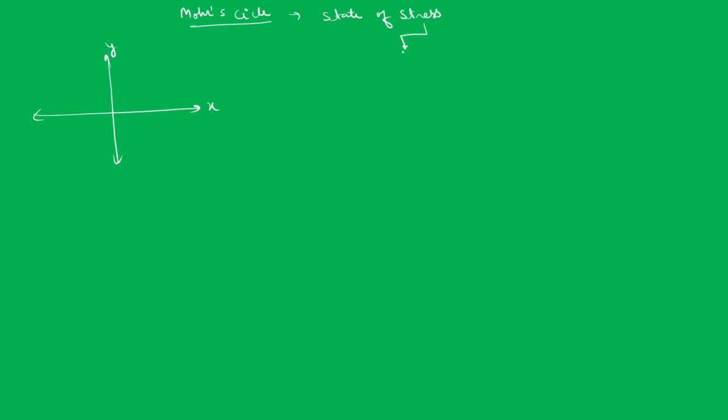We have two types of stress, that is sigma and another is tau. This is the normal stress, this is the shear stress. You already know that. So which axis should represent the normal stress and which axis should represent the shear stress? The x-axis will represent the normal stress and the y-axis will represent the shear stress. So this will be my normal stress and this will be my shear stress.